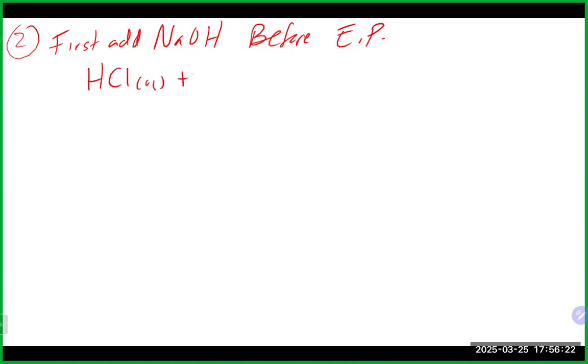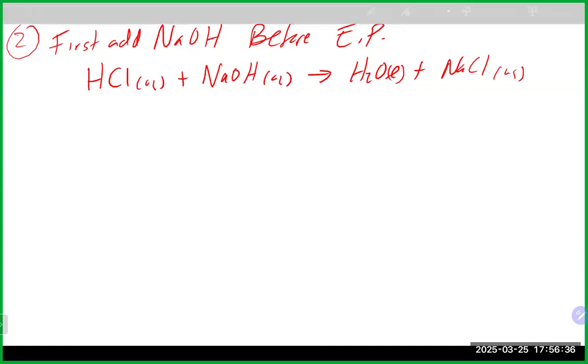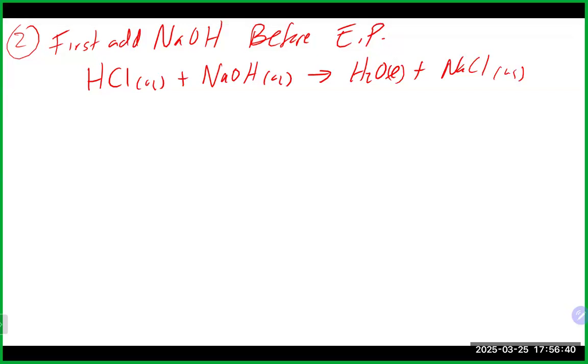It is going to react with our sodium hydroxide, and it's going to make, again, our water and our sodium chloride. So again here, I'm going to do a calculation, and I am making up these numbers.